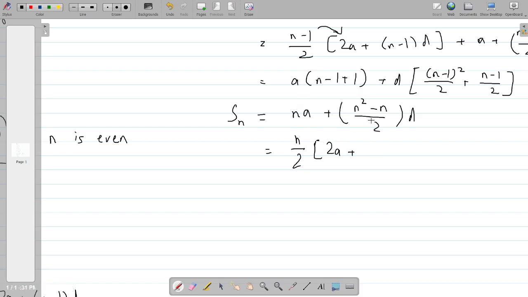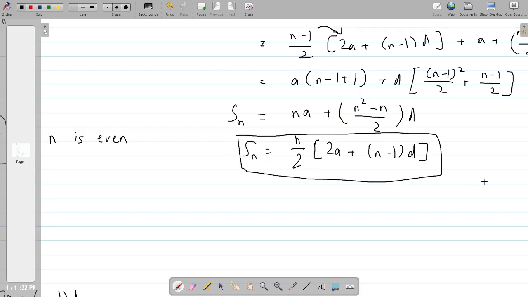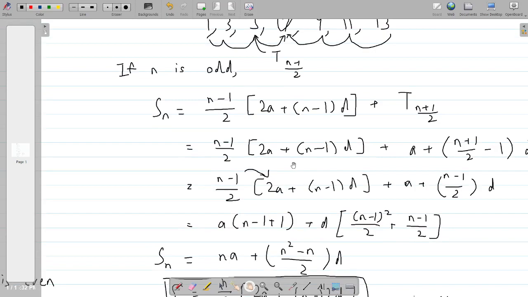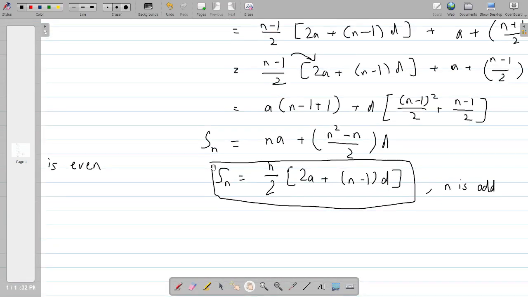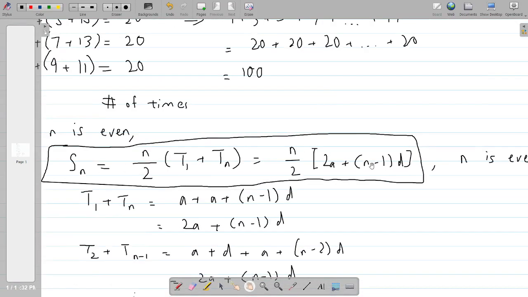Now this one is fine, because if we factor our 1/2 out, we get n squared minus n. We factor another n out, we are left with n minus 1. Now this is for the case when n is odd. Right? Because we said that we had to have an even number of pairings added with that leftover term. But this is exactly the same as the even case.